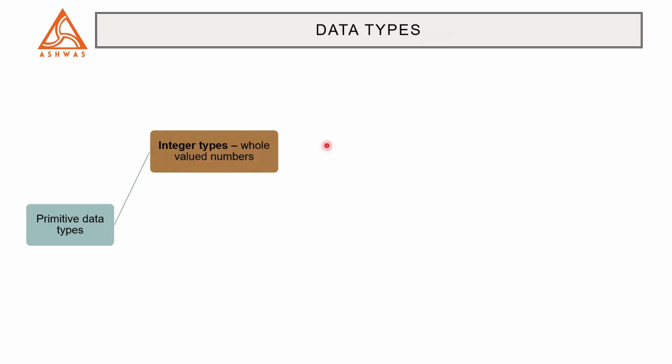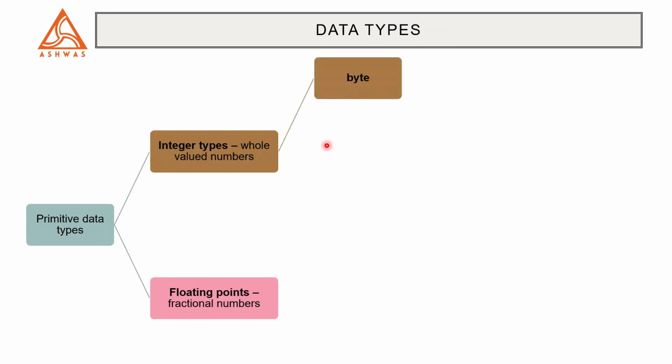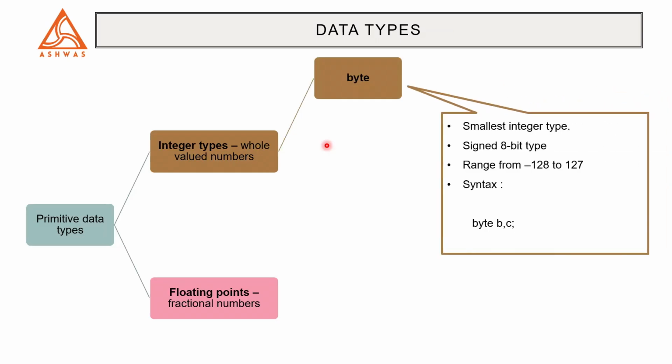So 10, 5, 100, whole number values will be stored using integer types, and decimal number values will be stored using floating types. Integer types in turn have byte, which is the smallest integer type. It is a signed 8-bit type and it ranges from minus 128 to 127.